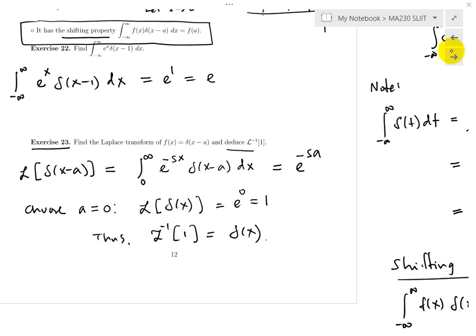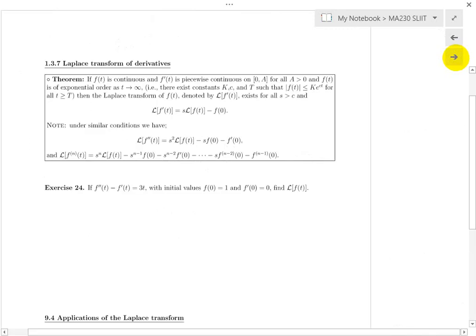Okay, now what we have next is another important thing. This is the prelude to differential equations. When you want to solve differential equations, we need to deal with derivatives.